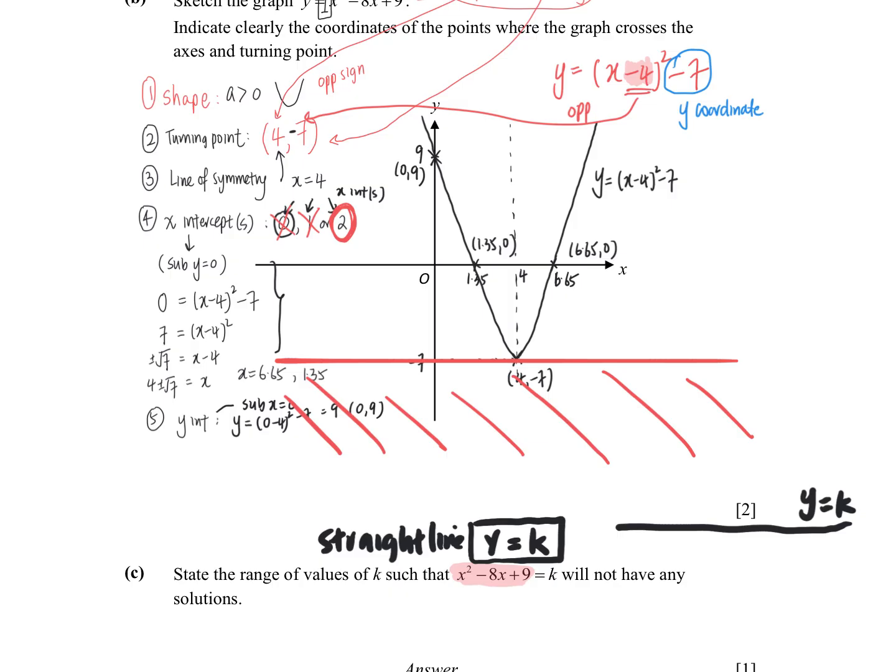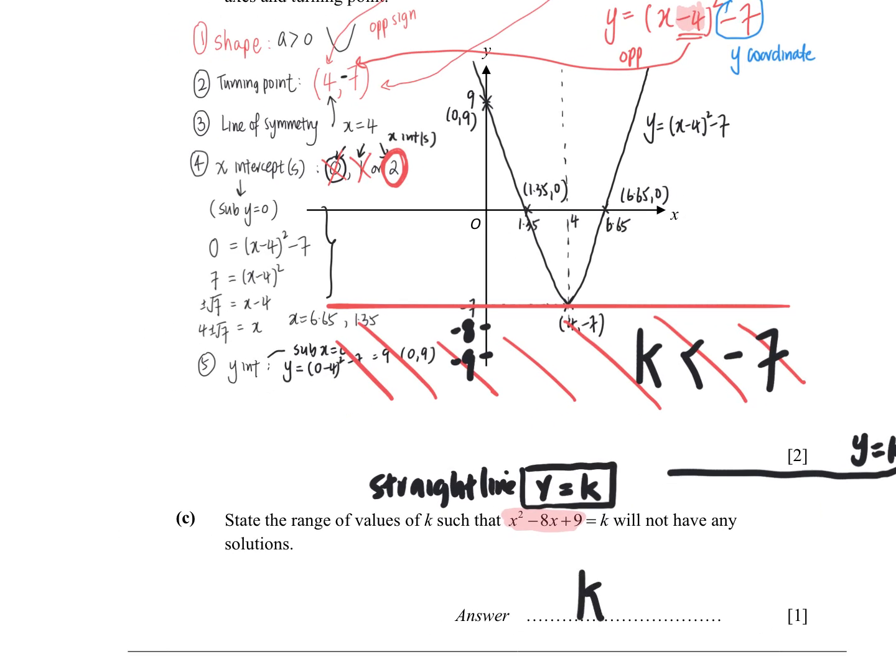So I need my k value to be strictly less than negative 7. Any value below it, even minus 7.1 or minus 1 million, will not touch the graph at all, hence no solution. So the range of values of k is k less than minus 7.